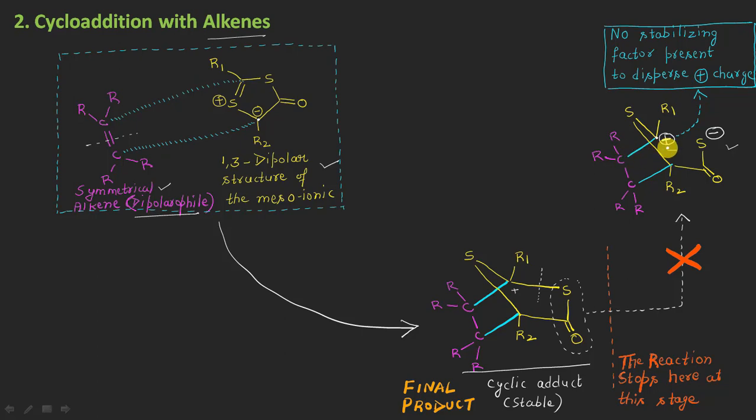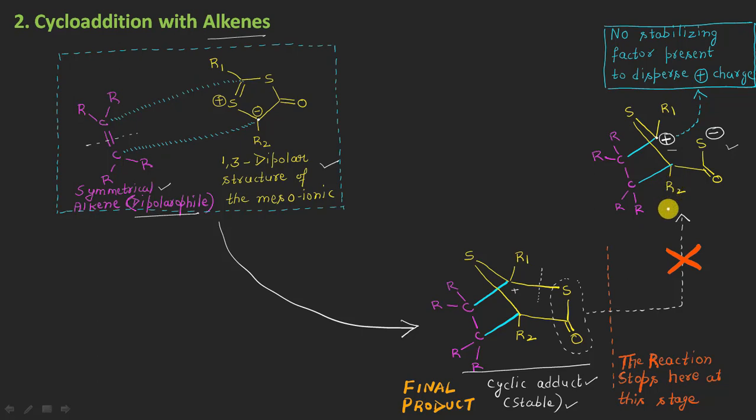So this clearly means that if this step is happening, whatever positive charge will come here will be unstable, right? No part of the reaction wants to go towards instability. This means this cyclic adduct here is quite stable. So why would it go in this direction, leading to the formation of something unstable?